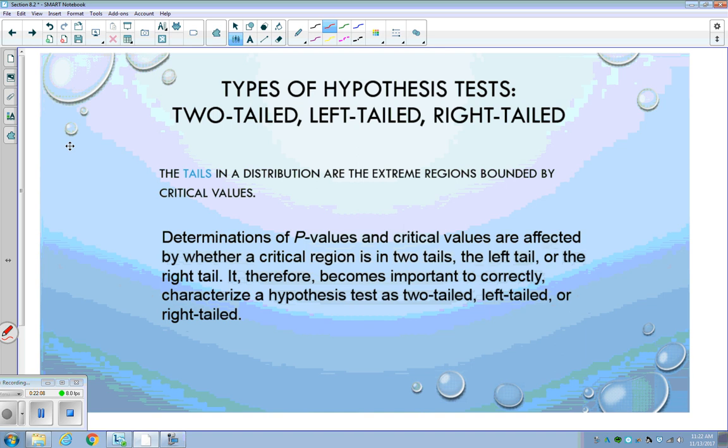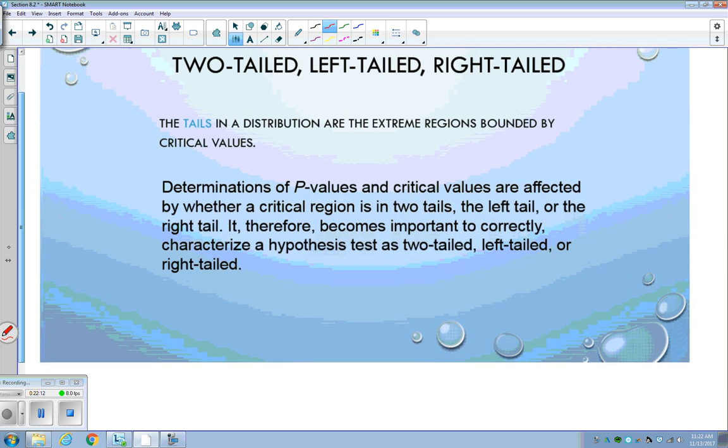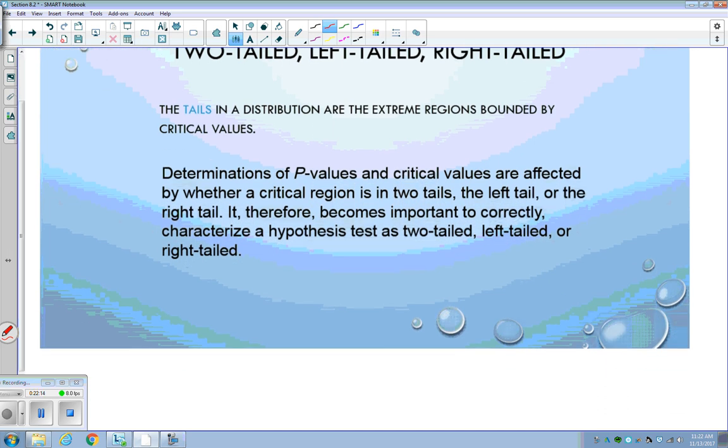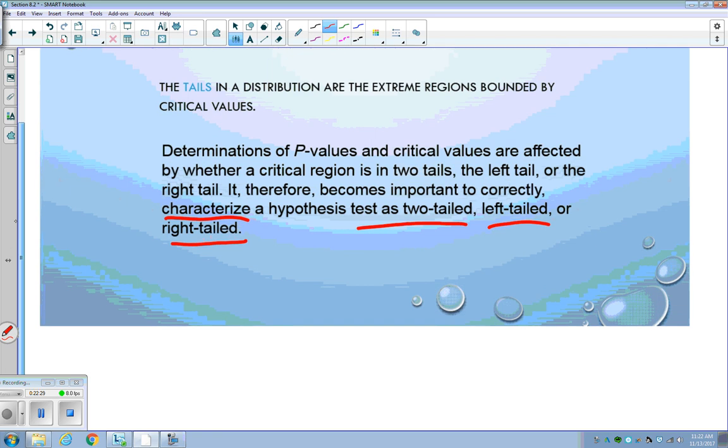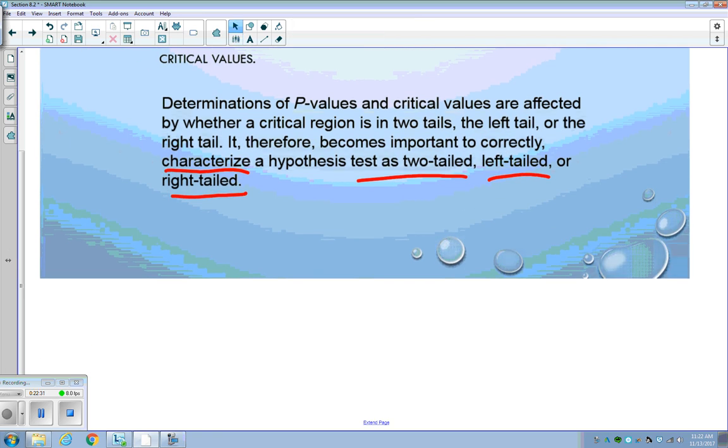And whether it's one-tail or two-tail determines the p-values and critical values that are affected by that critical region. So the first thing we need to do is characterize the hypothesis test as a two-tailed, left-tailed, or right-tailed test. The one we did with the cards. Make it a little smaller so I can get all three examples on here at once.